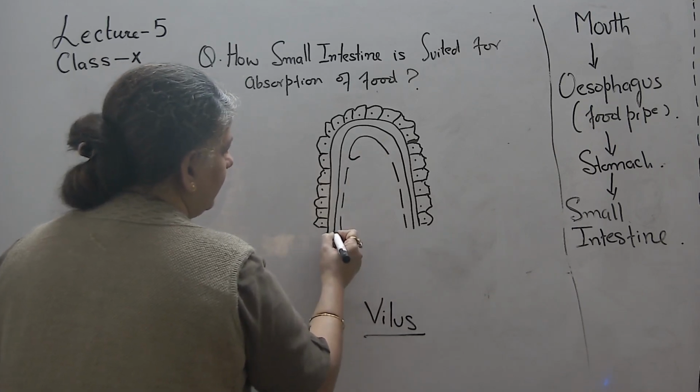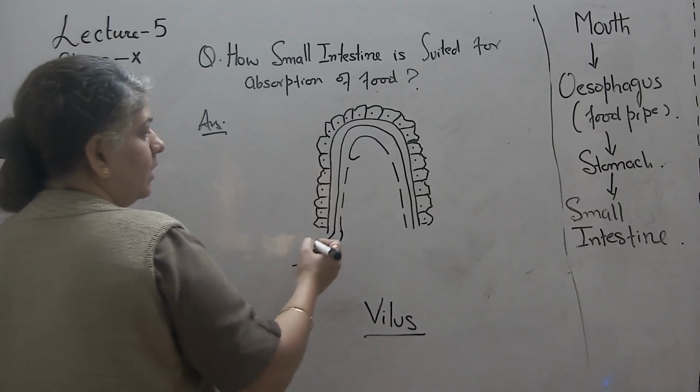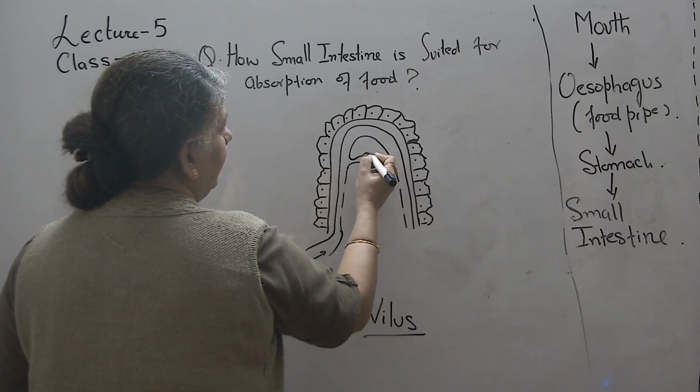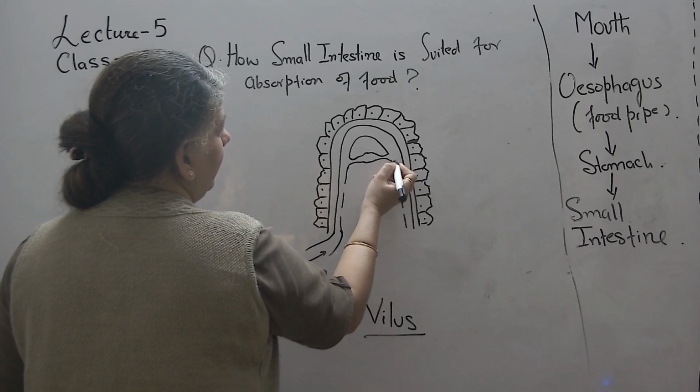From here, the blood enters. So this is the artery, and this artery breaks into capillaries. And capillaries join to form veins.